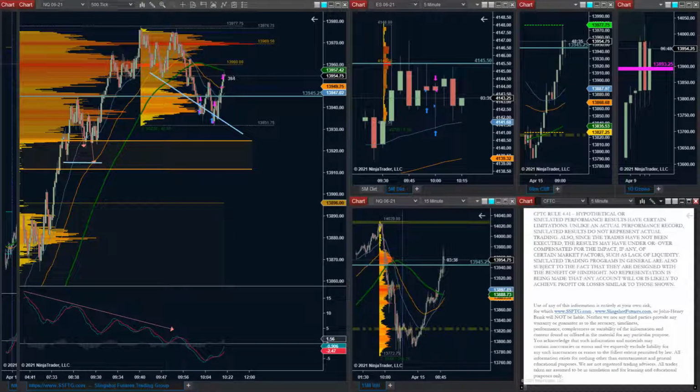960 is the big volume node. Gold is just screaming higher.